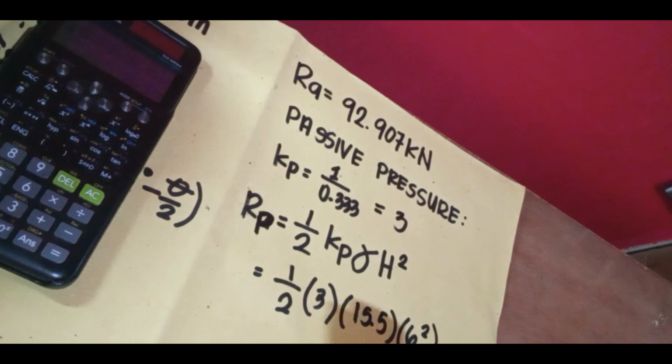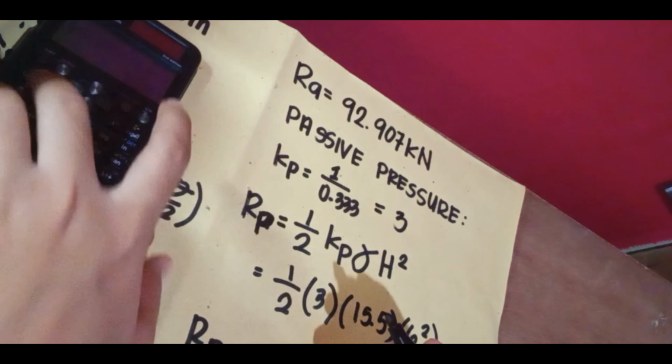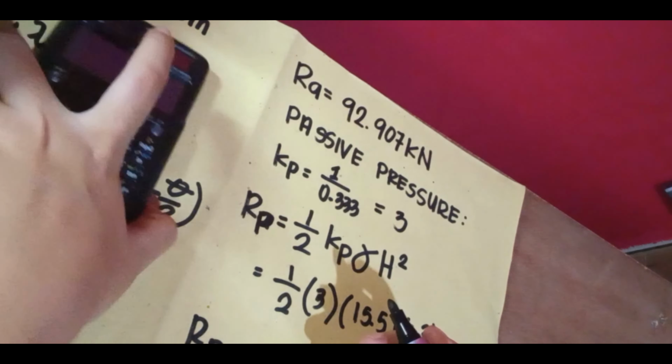I'm sorry. So, the value of our passive pressure is 1/2 times 3 times 15.5 times the square of the height, which is 6 squared. So, the value of our passive pressure is 837 kilonewton.